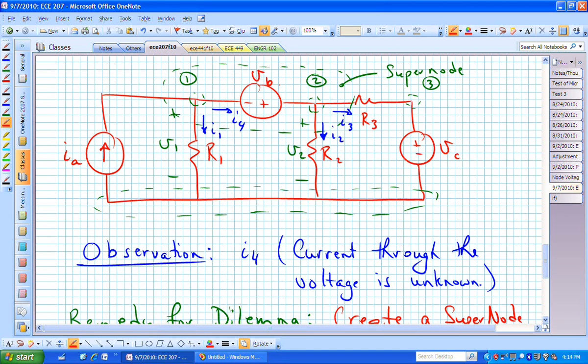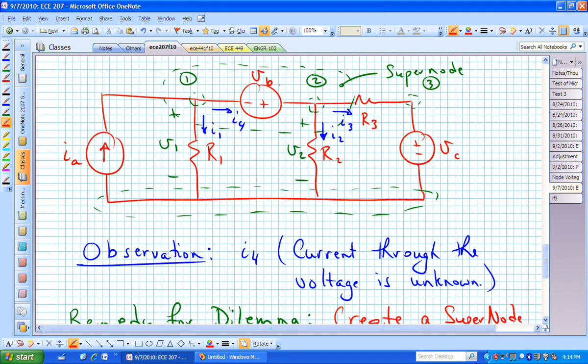Can you explain that again? I can try. I'm trying to come up with a second equation. I've already collapsed my 2 equations down to 1 with that supernode in terms of my KCL formulas. I want to find an equation that involves V sub B, which is my voltage source inside my supernode.